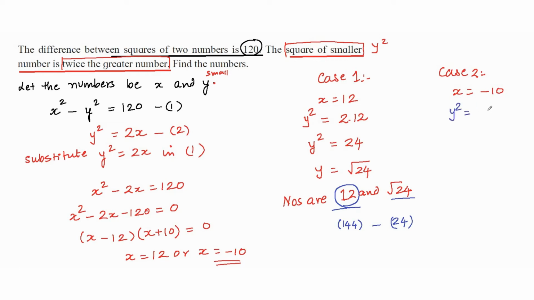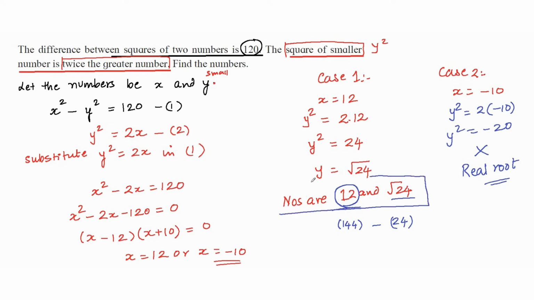So y square will be 2 times minus 10, which is minus 20. So y square equals minus 20 doesn't yield any real root, right? Because there is no real number whose square is negative, and that is why the only solution is 12 and square root of 24. This is the only solution that satisfies the given equations.